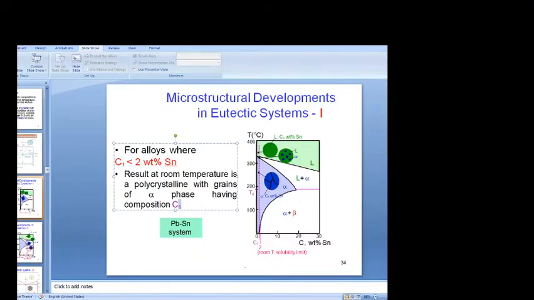For this system, the lead rich alloy contains between 0 and about 2 percent of Sn for the alpha phase solid solution, and also approximately 99 weight percent Sn, as pure tin, for the beta phase that we discussed in the earlier lecture.